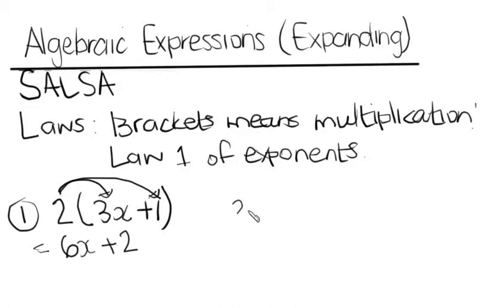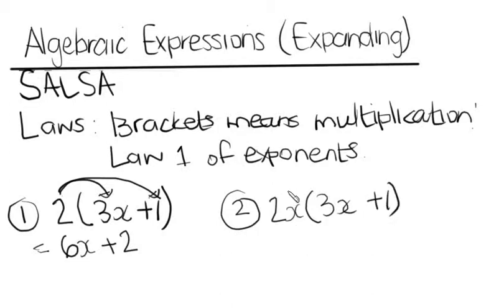If I look at the second example, I have 2x open bracket 3x plus 1. Again, whatever is in front of the bracket, I must multiply with what is on the inside. So then 2x multiplied by 3x. Can you see there's a variable x and a variable x, so the variables are the same, therefore I can add the exponents.